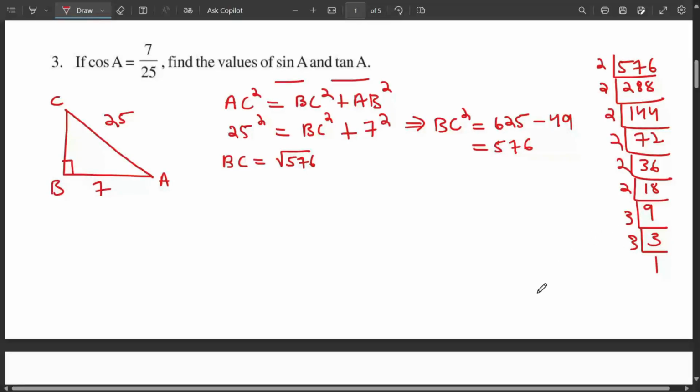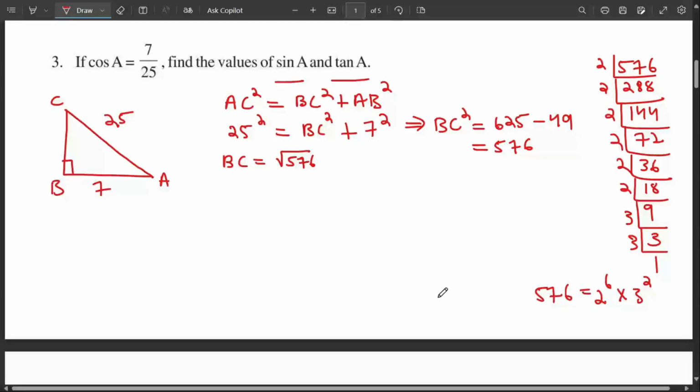So 576 is equal to, so how many 2s are there? 1 2 3 4 5 6. So 2 to the power 6 into, there are 2 3s, so 3 square.